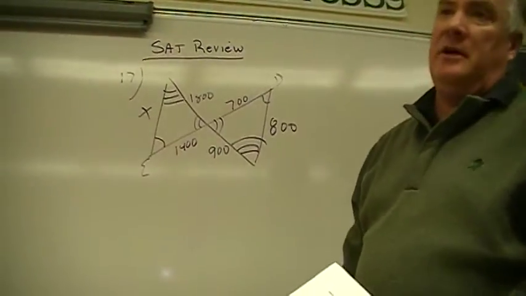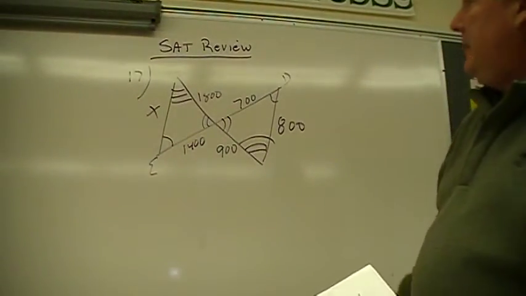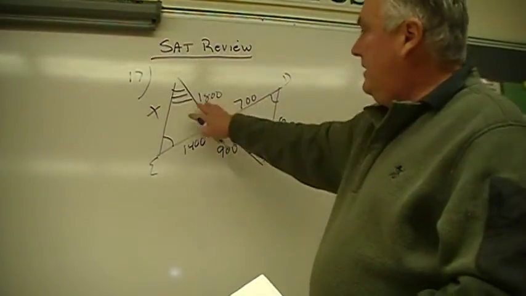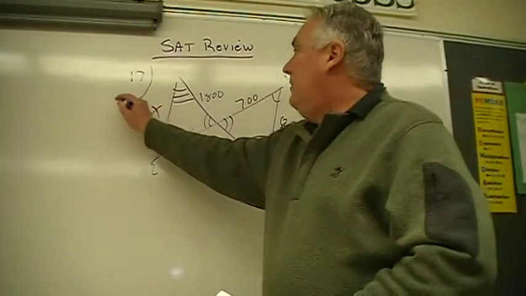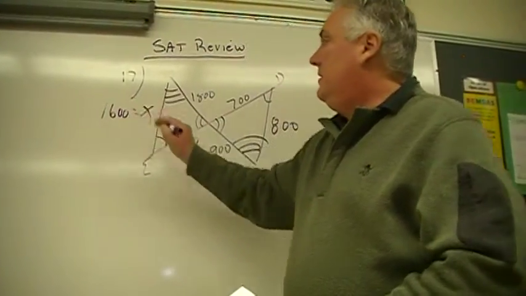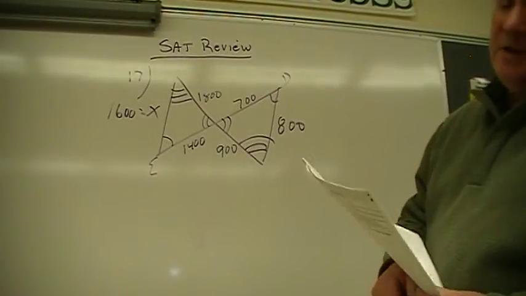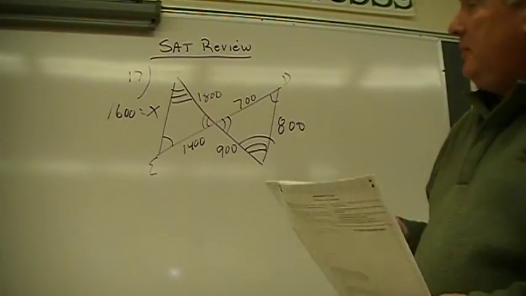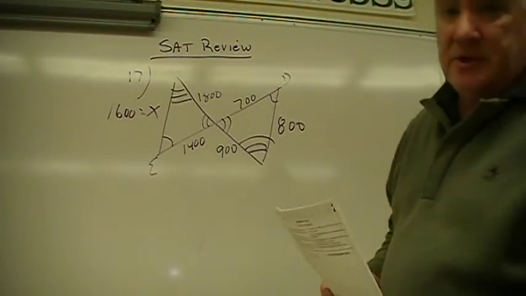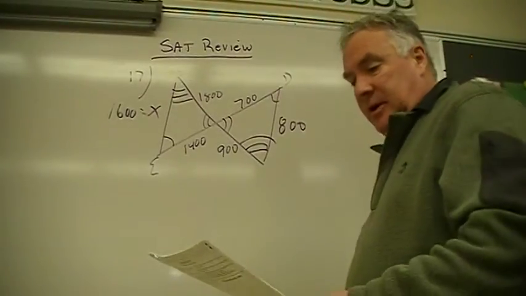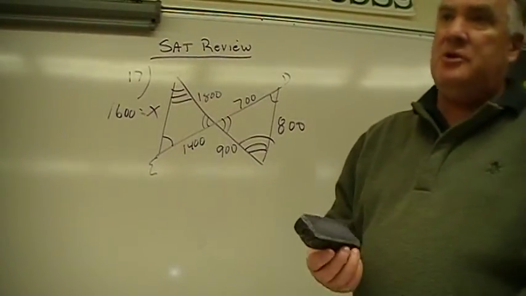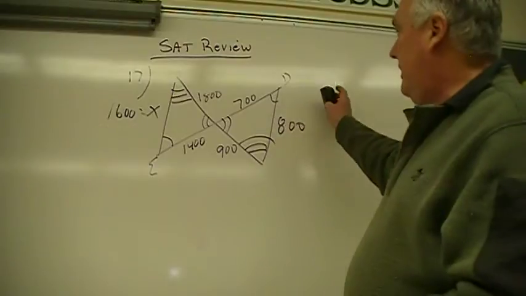With similar triangles, each of these sides is half the length here, so this is going to have to be 1600. And that's your answer to this problem. You might want to go back and watch this part again, because it's a pretty good problem. You'll see geometry problems that involve similar triangles.